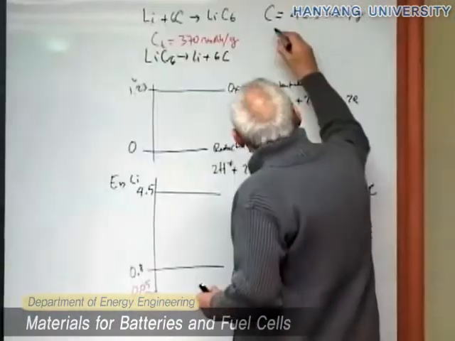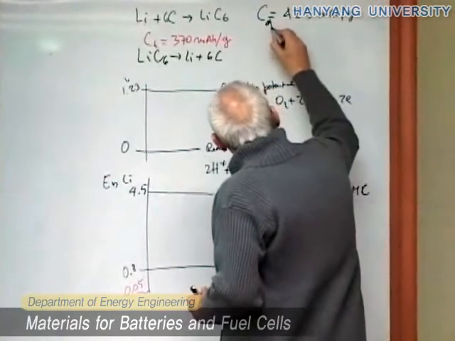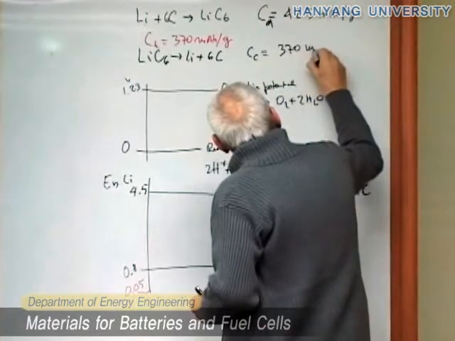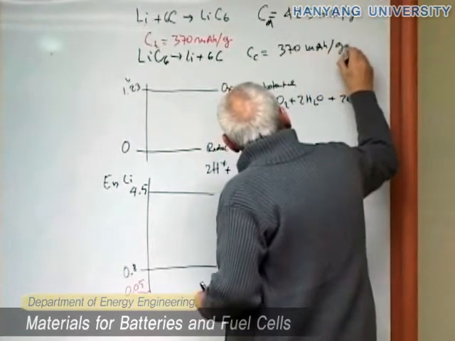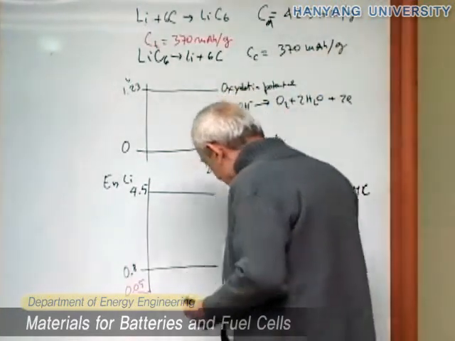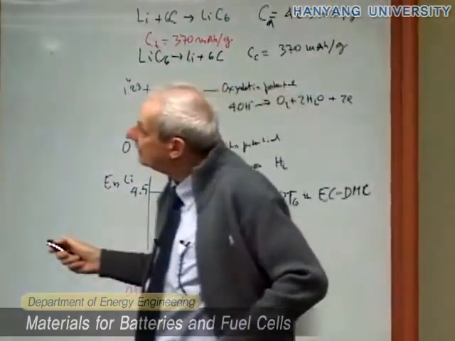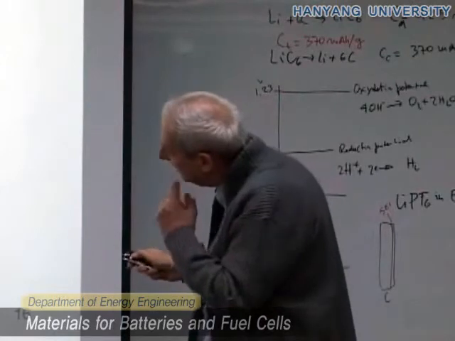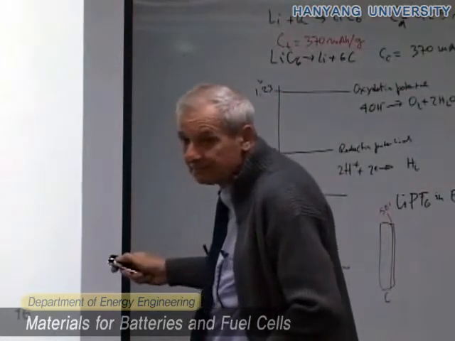So this is capacity 1, capacity in discharge; capacity in charge is 370. When we discharge again, we go back here for the second time, we obtain 370.